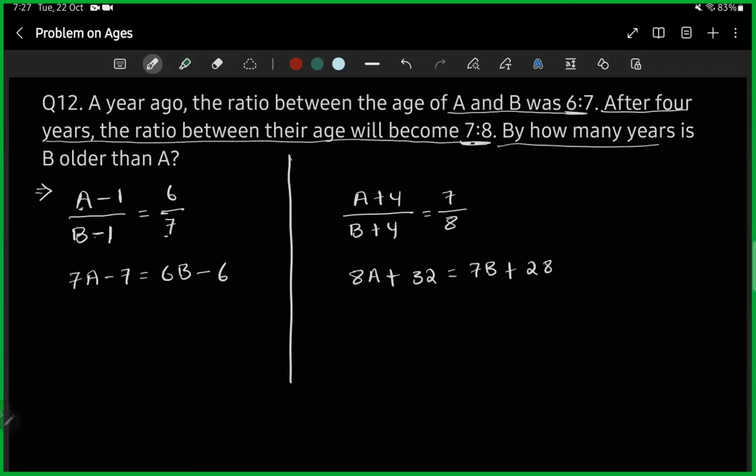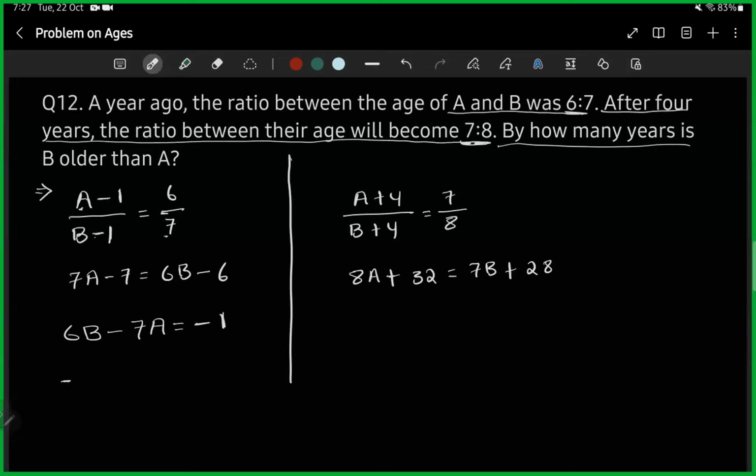So keeping this last part of our question in mind, I'll just rearrange this, and then I'll write it as 6B minus 7A equal to minus 1. See, you can write this as, I'm going to erase this one, but I'm just going to show you here once.